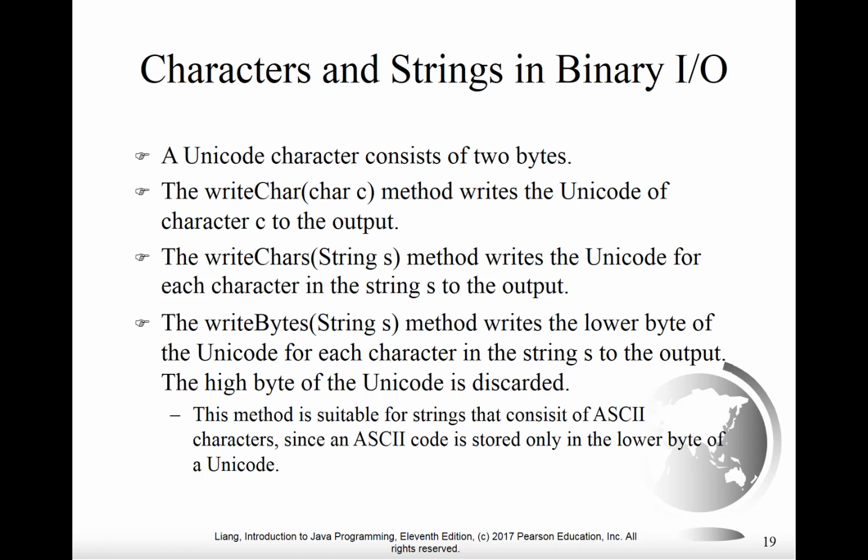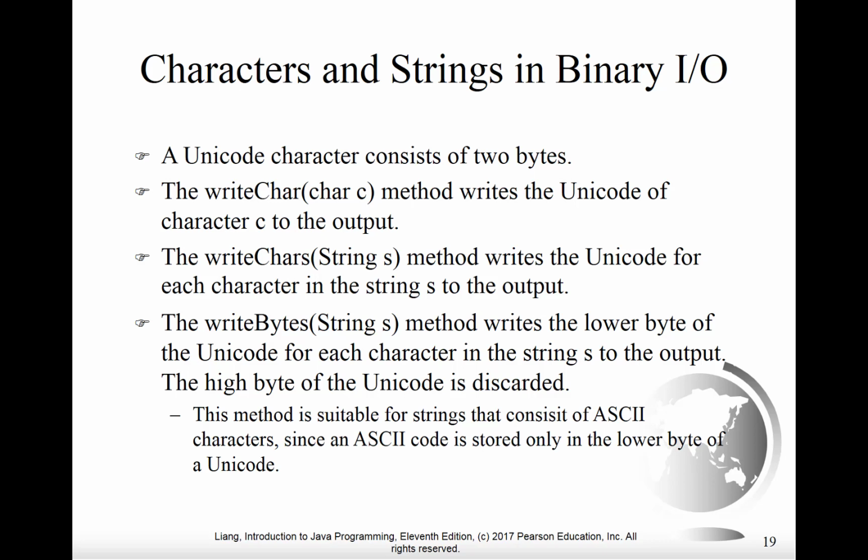If you were to pass that same string as an argument to the writeBytes method, then instead you would get the lower byte only of the Unicode character in each case for each character in the string. The high byte, which may or may not be 0, would simply be discarded.